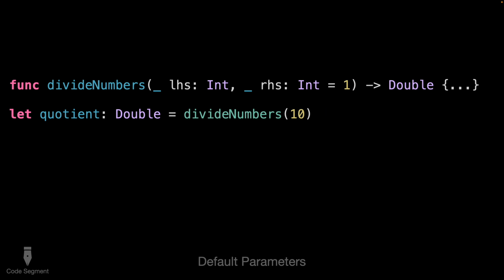So now, when we call divide numbers, which is now, by the way, a useless function because we're always returning the number that's passed in, but don't worry about that too much. If we only pass in one number, that is to say, if we call divide numbers 10, then it will return the value 10 because it has the default value for the right-hand side argument or parameter.